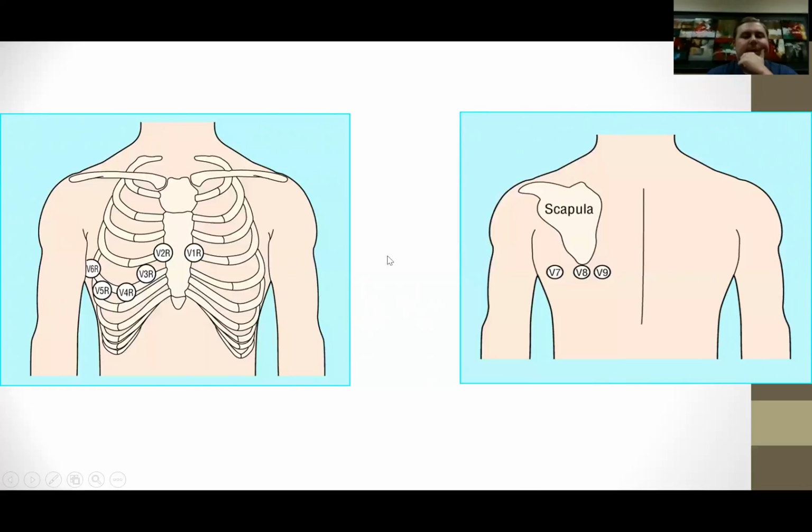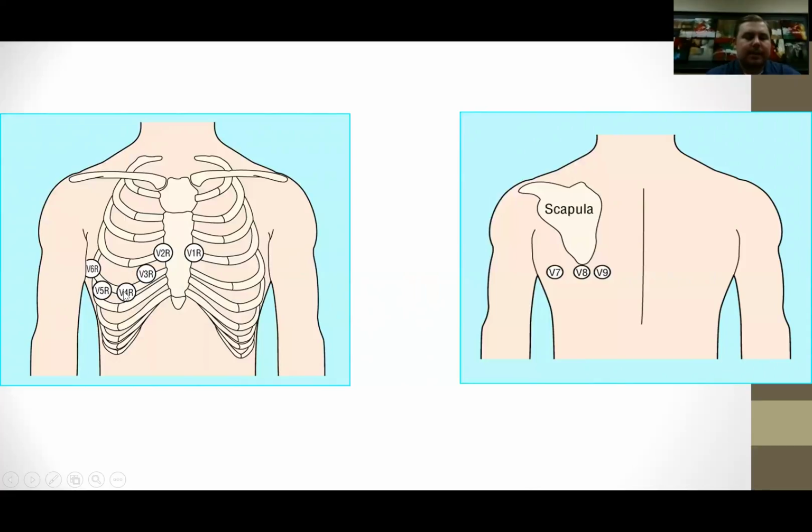So I would just switch all my leads, and this should be a little bit higher. V1 and V2 R should be in the actual fourth intercostal space. Whoever drew this actually made it a little bit lower than it needs to be. The main one that matters is V4R.